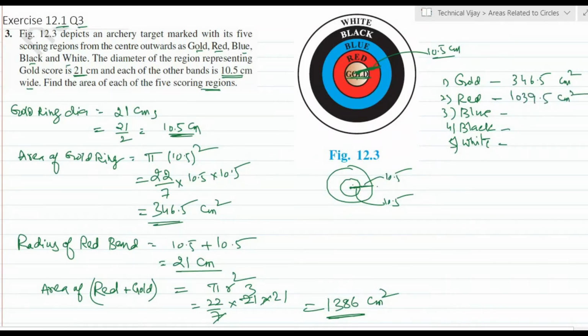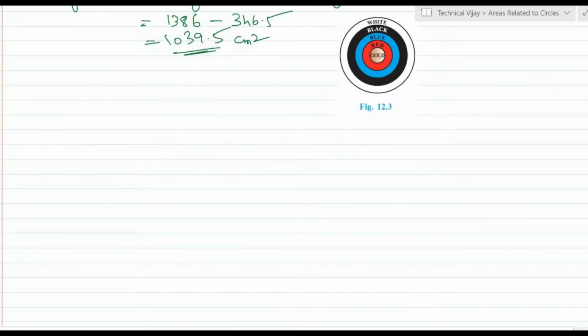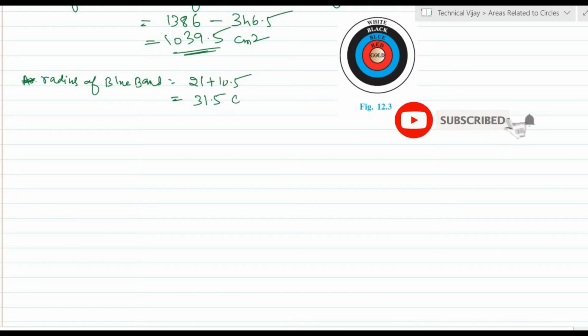So now we will go for the blue one. Before calculating the area, the radius is equal to, see here, from gold up to this, 21 plus 10.5. This is the radius, so this is 31.5 centimeters.